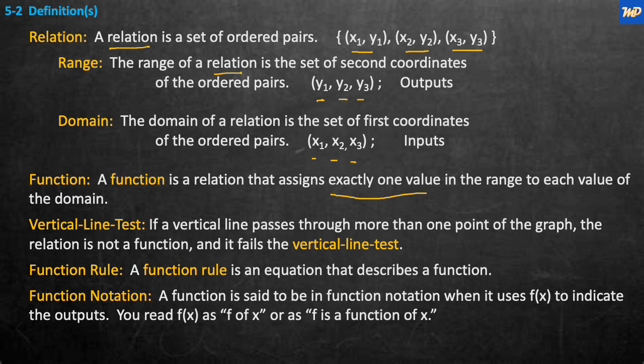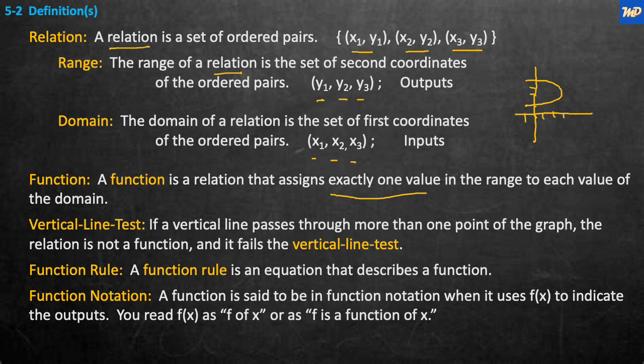So what is that telling us? Let's see if we can draw a picture of it. If you had a coordinate system here, and you had a relation that did this, and here's your x values, right? And your y values.